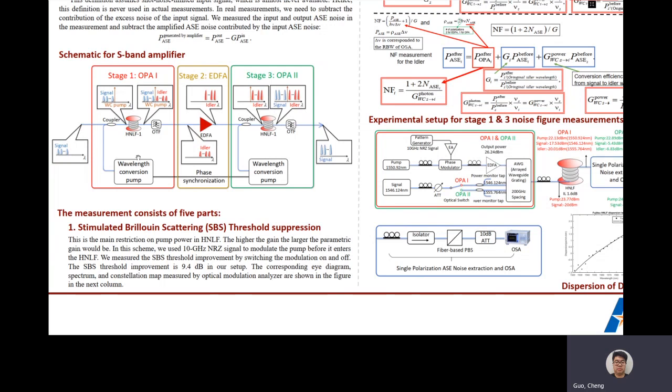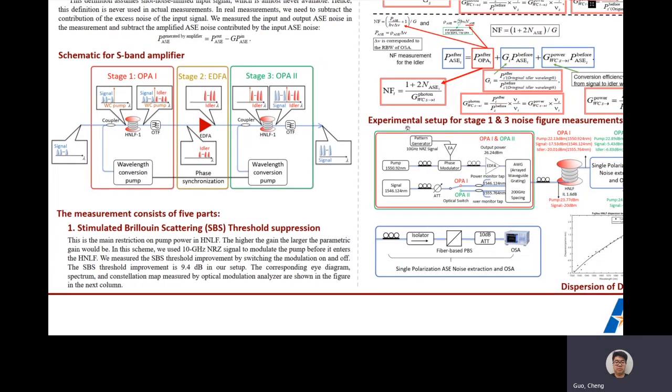And SBS is the most important thing that decides that limitation. So we need to use phase modulation to broaden the spectrum of the pump to reduce the influence of this effect. And here we discuss some details about how we can do that and how much improvement we can get.